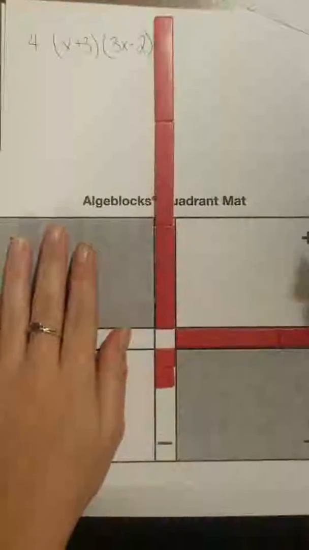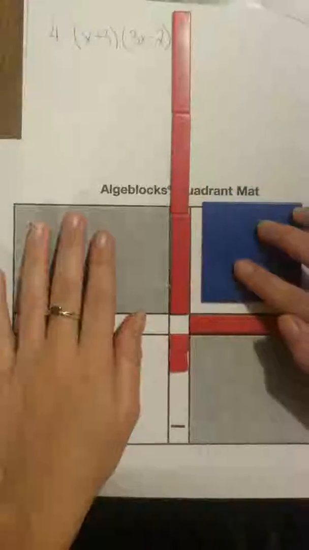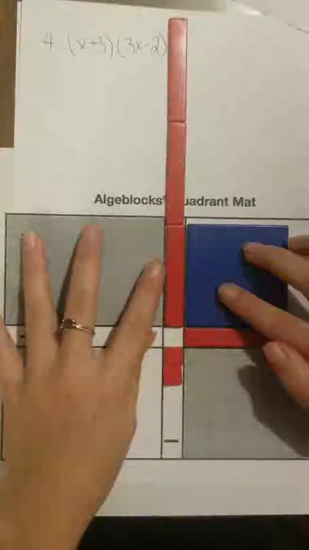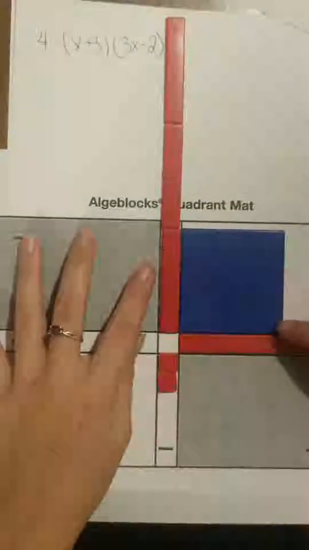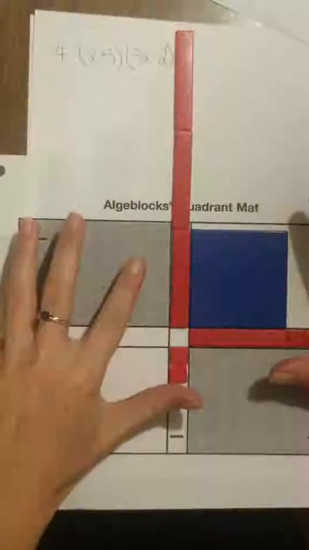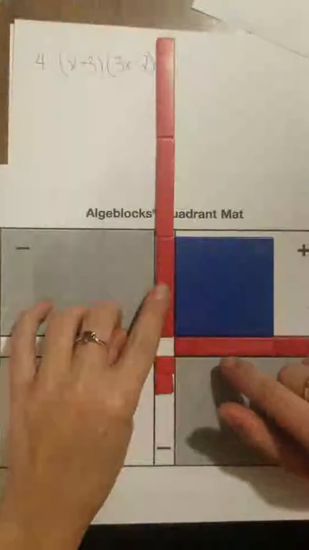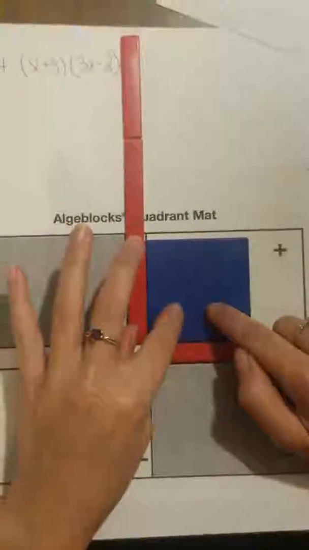But this will. You see how the length matches there and the width matches here? That's perfect. And x times x is x squared.